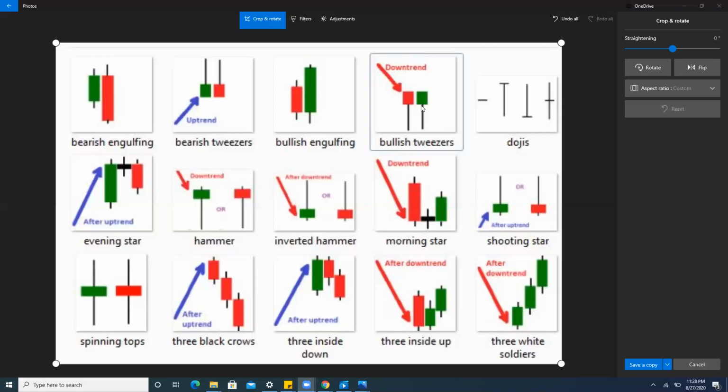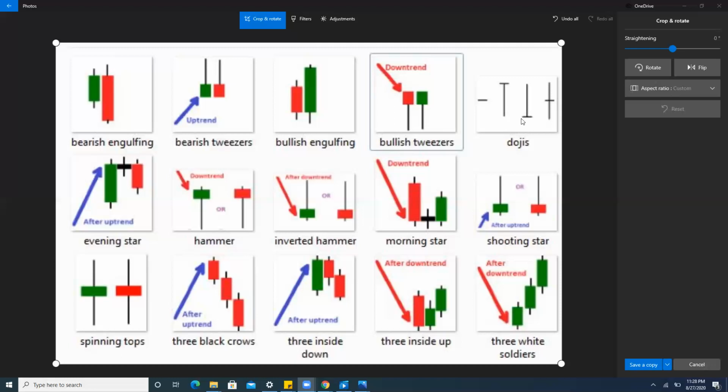Not only does it get back to where it started, but it continues in the opposite direction, going up. So the bullish tweezers are an indication that price may be reversing in that area. Just keep in mind, you always want to look for these at price zones, resistance or support zones, to support your decisions in buying or selling the market.